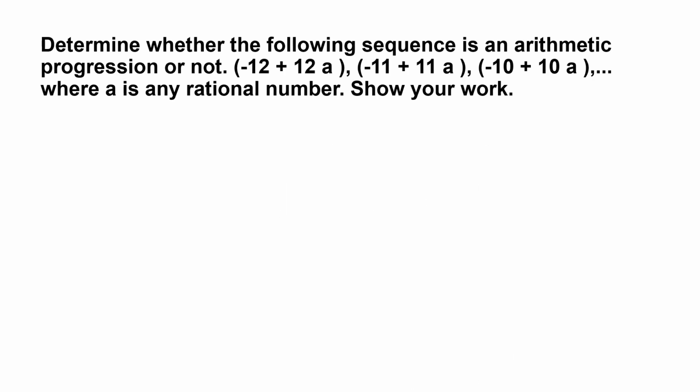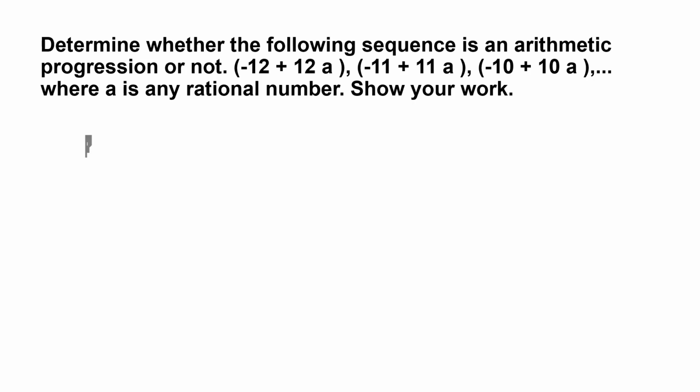Determine whether the following sequence is an arithmetic progression or not. You can see that there are three terms given: minus 12 plus 12a, minus 11 plus 11a, minus 10 plus 10a. So to find out whether it is an arithmetic progression, we can find out the common difference.